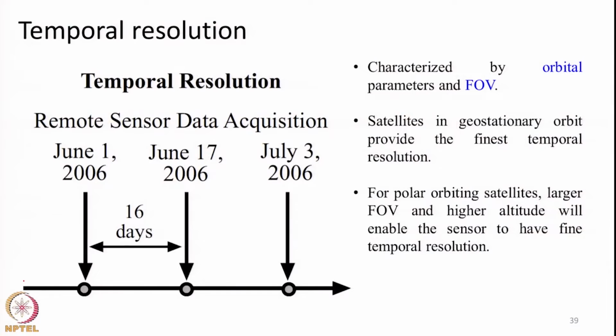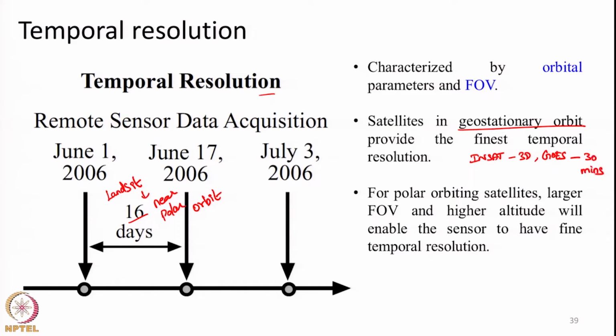So, this is given in this particular slide. Temporal resolution in general means how frequently we can get the data. For example, Landsat satellites provide data once every 16 days. This is in near polar orbit. Similarly, satellites in the geostationary orbit such as INSAT 3D or GOES give data once every say 30 minutes.